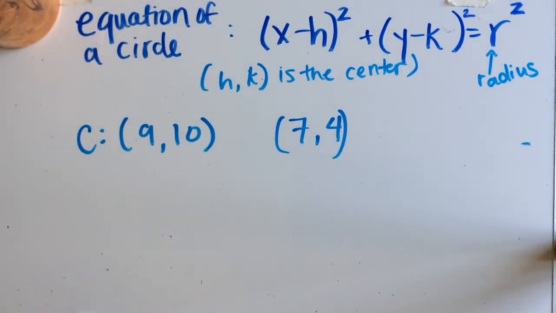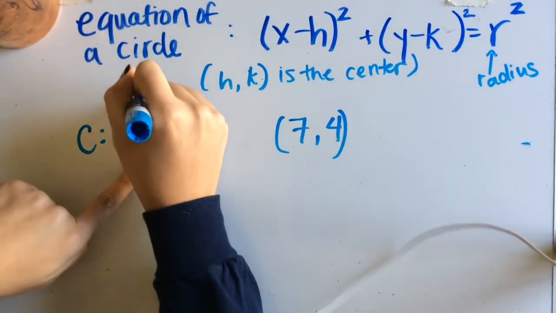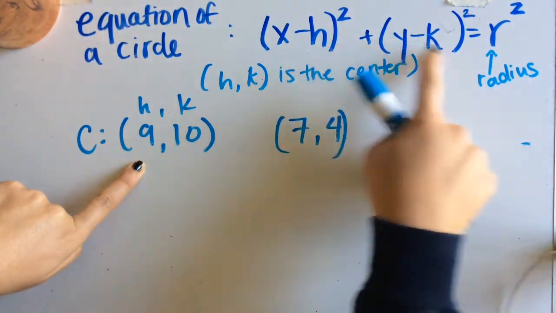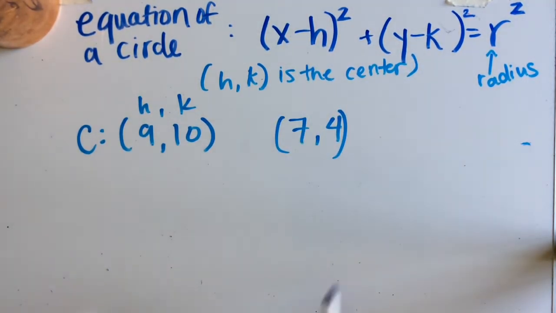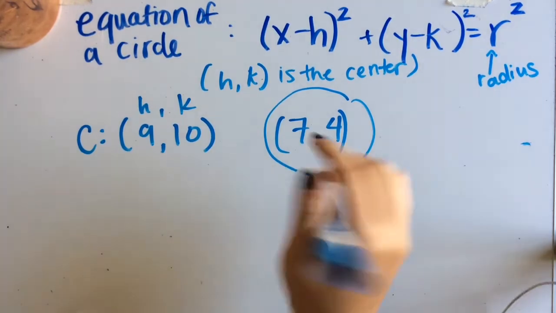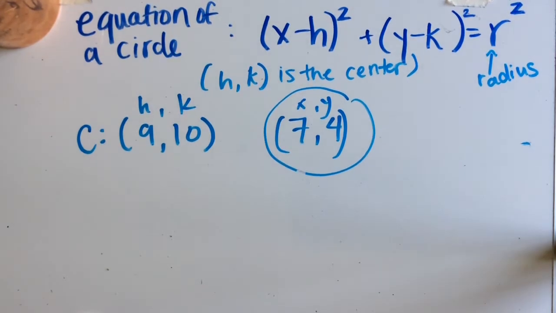So this is what I do. I plug in the center for my h, k. And this is a point on the circle. That's what x, y represents: all the points the edge of the circle crosses. So I plug this in for my x, y, and then I can find my radius.